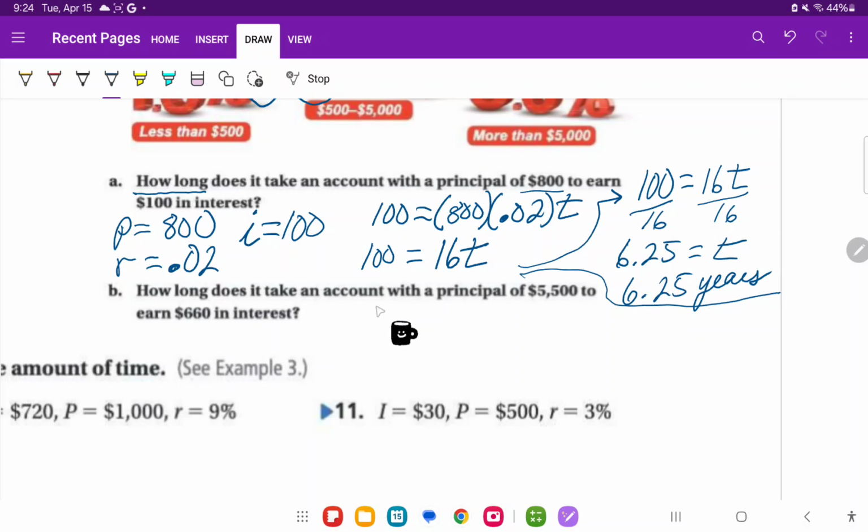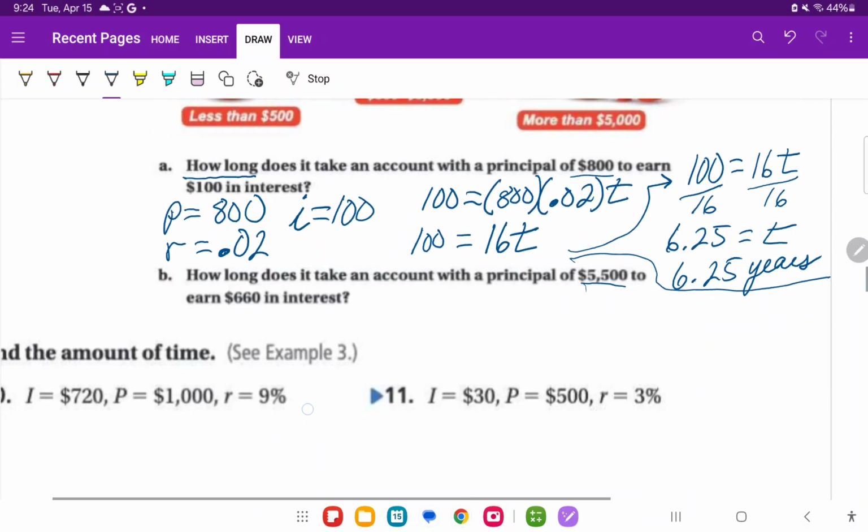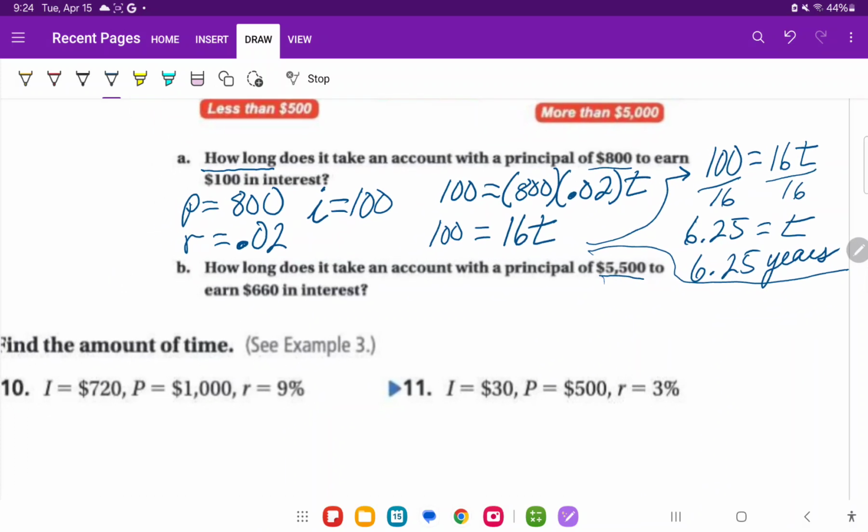Now, the second question is similar to that. How long does it take an account with a principal of $5,500 to earn $660? Okay, there's not much space in there, so we'll try to squeeze this in. So let's come over here. We'll use this space. Principal for this one is $5,500.